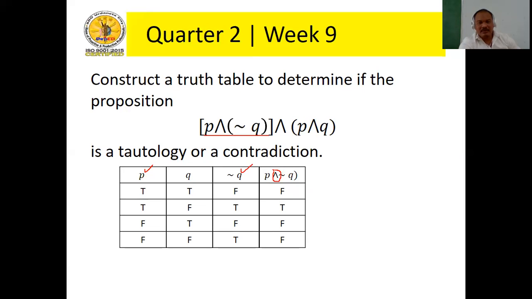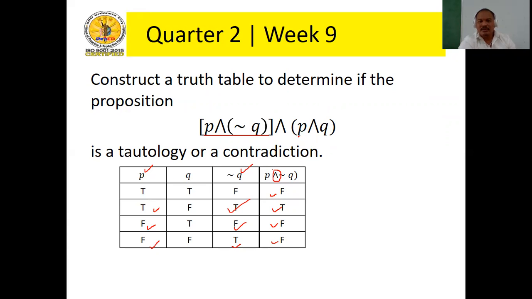Otherwise, it becomes false. True, false: there is the presence of false, therefore the final answer is false. True, true is true. False, false is false. Then false and true becomes false. So this will be the column of P and not Q.